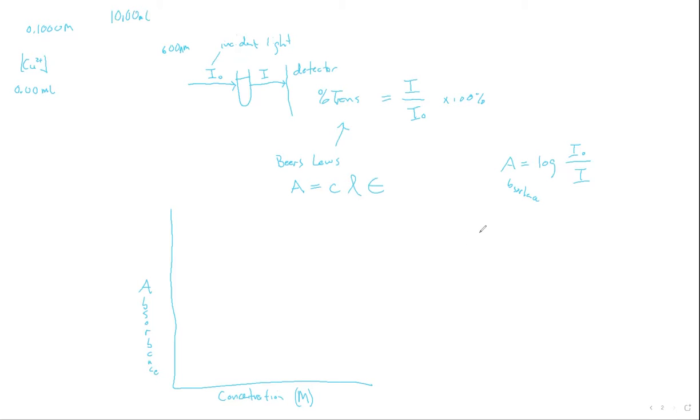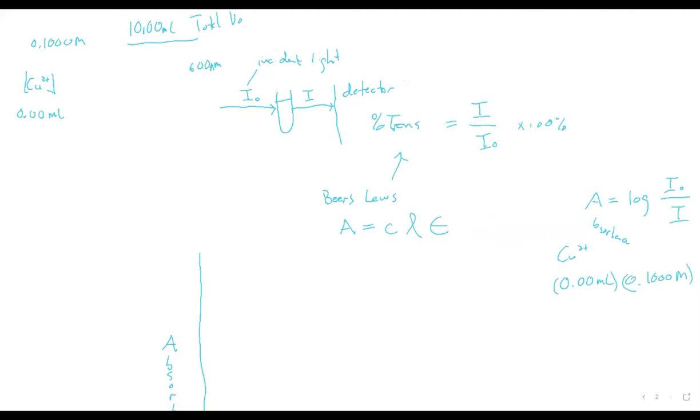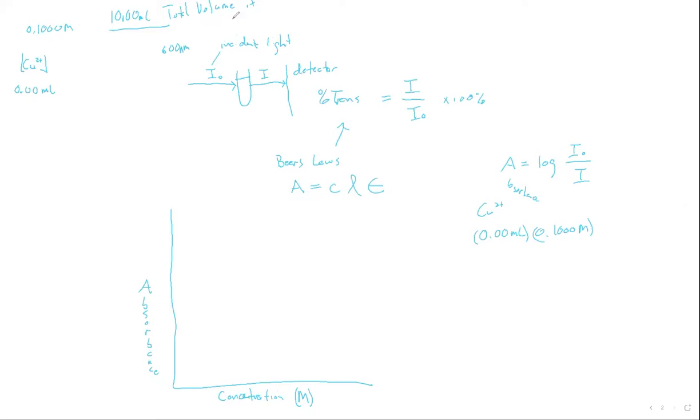We're going to have 0.00 milliliters of your copper 2+, times the concentration, 0.1000 molar, and then divided by the total volume of the test tube. So 10 milliliters.